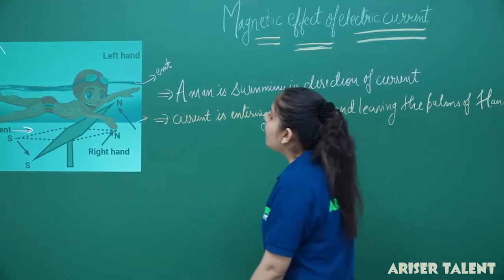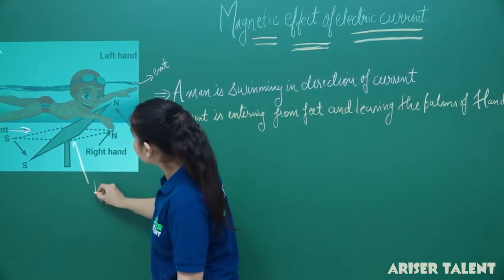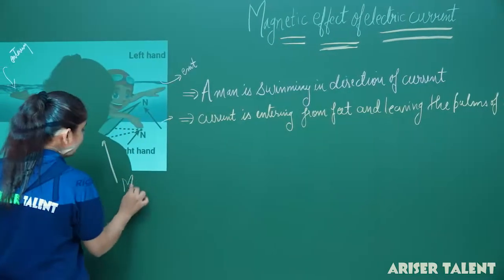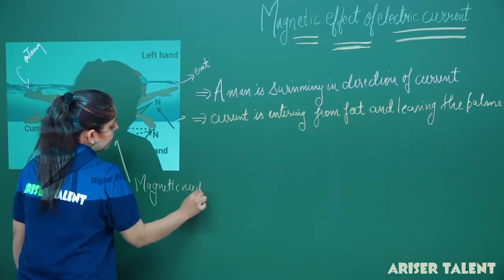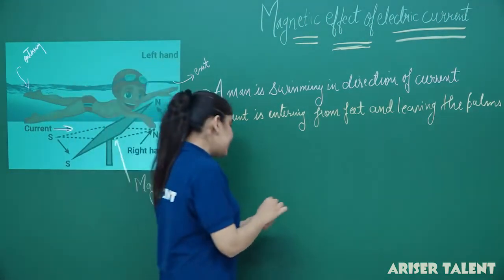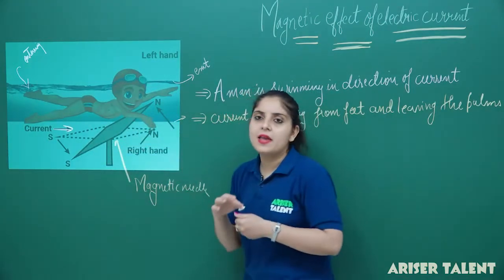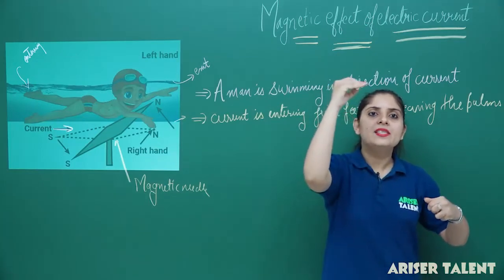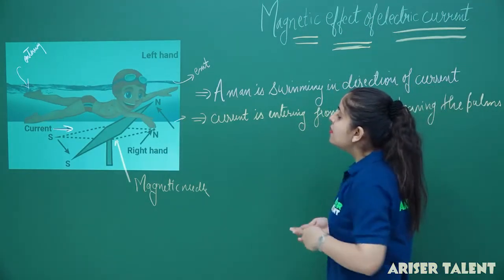Now what you have done, you have kept the magnetic needle underneath the wire. It means the wire is placed above and the magnetic needle is placed underneath the system.